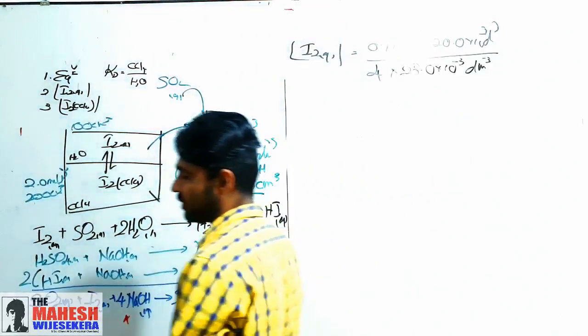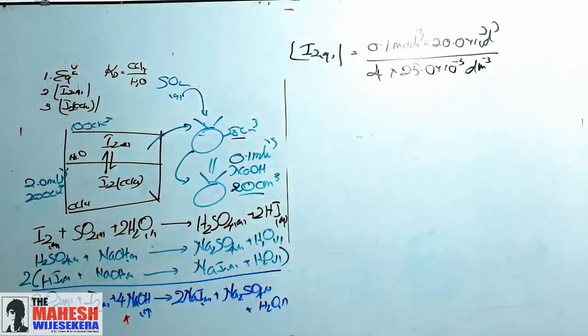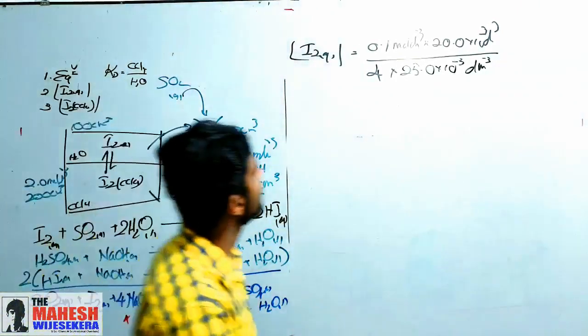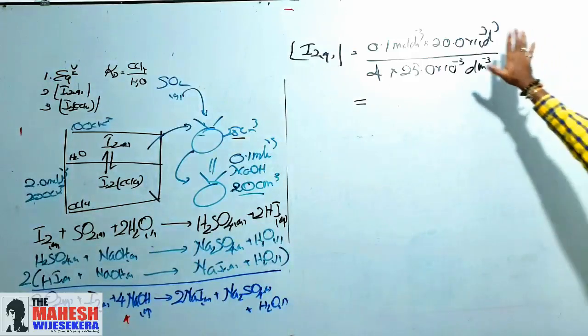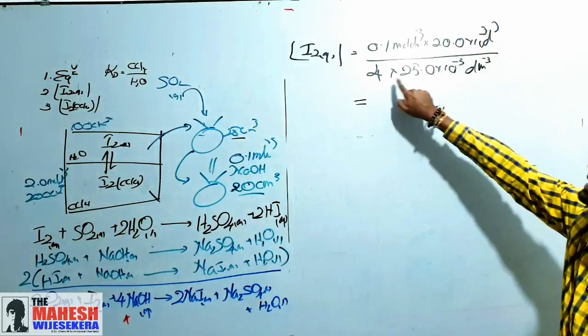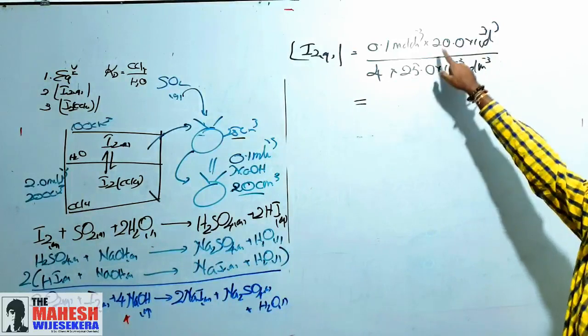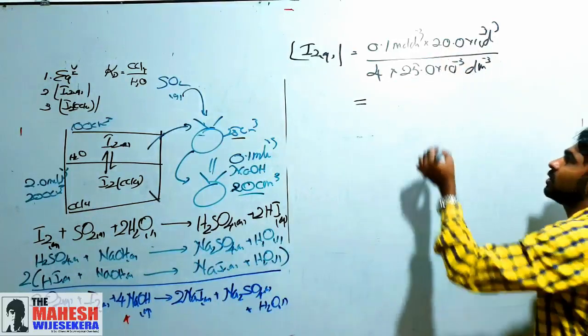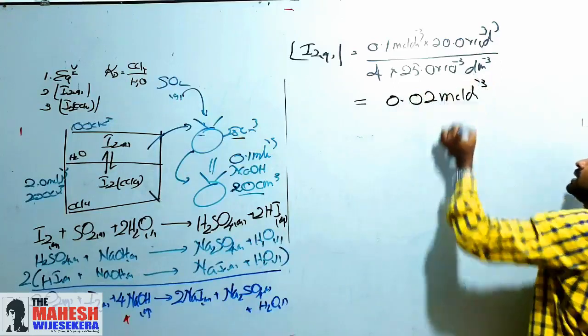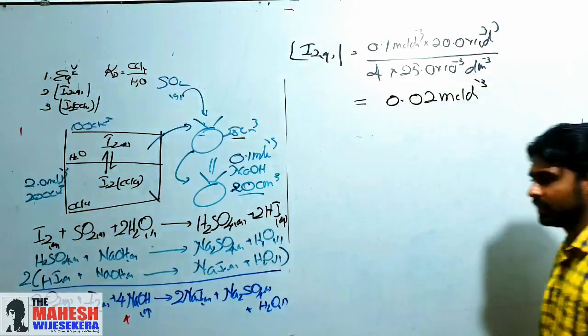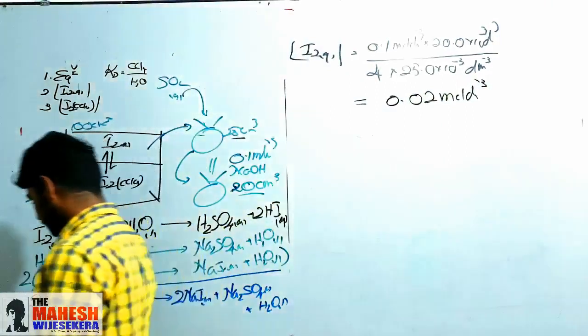The 10 to the power minus 3 cancels out. This is just 100, this is 2, and 2 divided by 100 gives 0.02 moles per cubic decimeter.